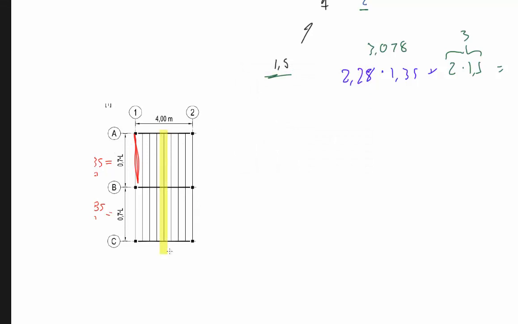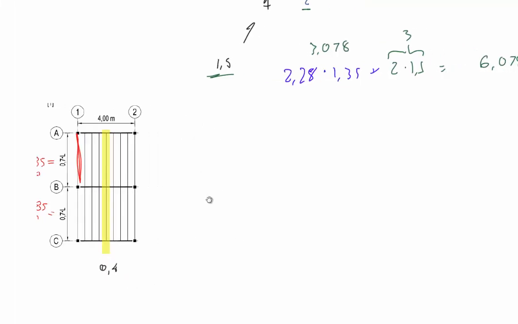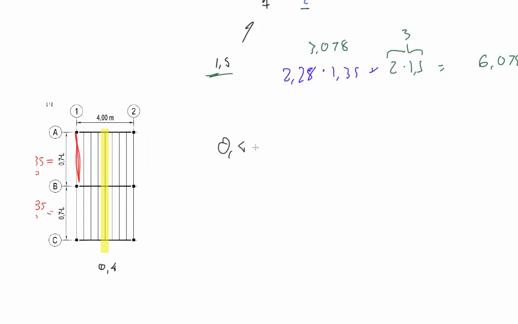As I said before, we take 0.4 times this value, 6.08. That gives 2.432.